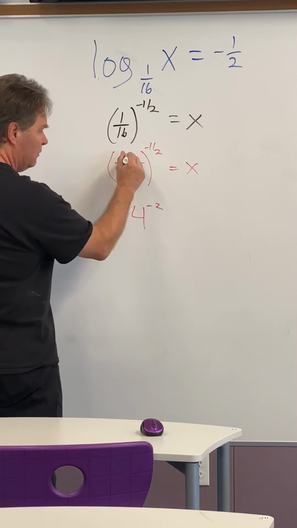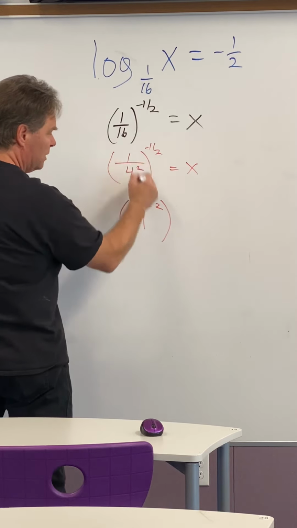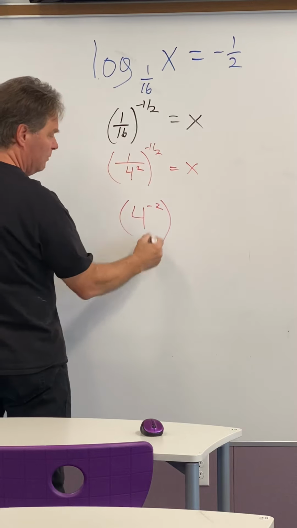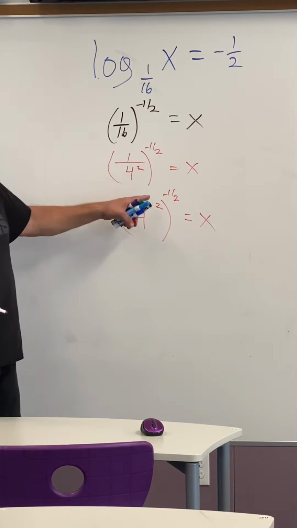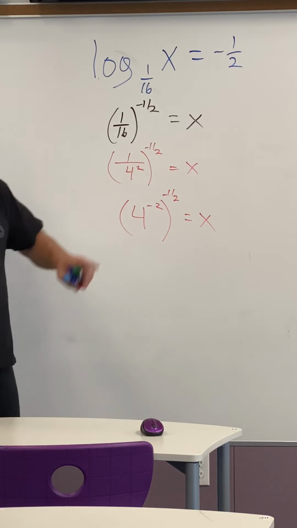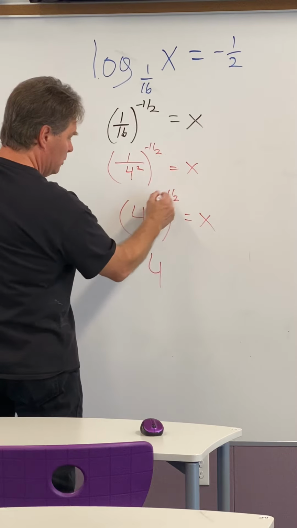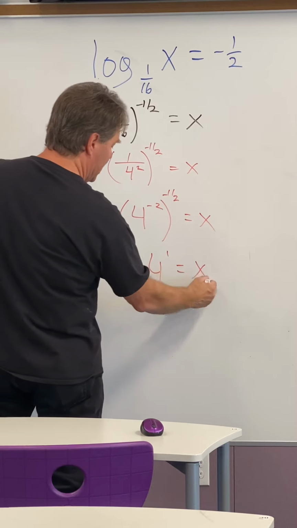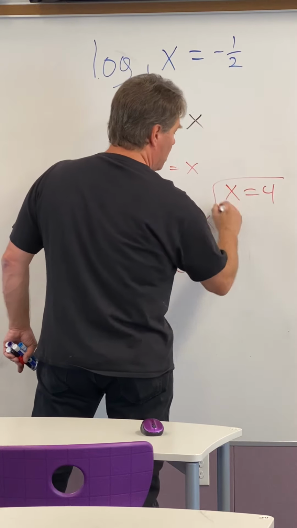That's 4 to the -2. 1/4 to the 2 is 4 to the -2 power. You just move it to the other place, and it becomes negative, to the -1/2 equals x. Now, a base to a power is multiply the powers. So you get 4 to the first power is x, which means that x equals 4.